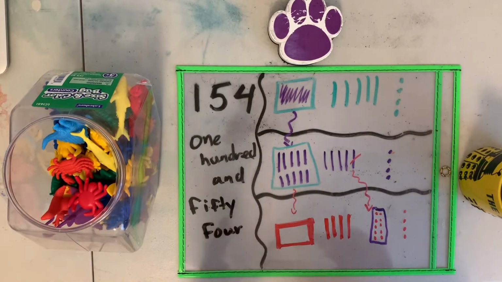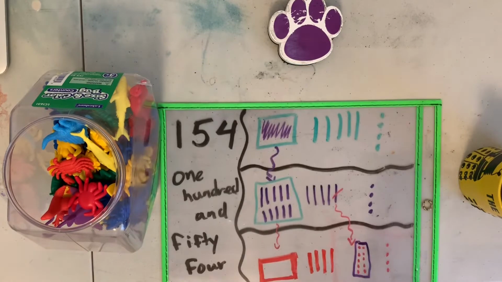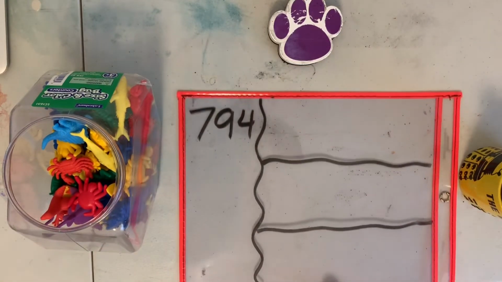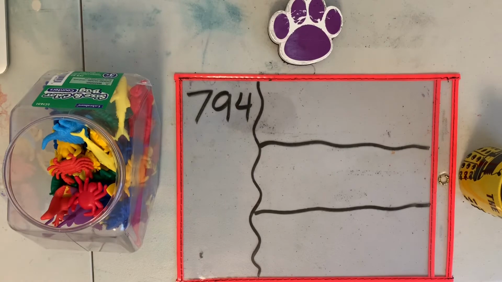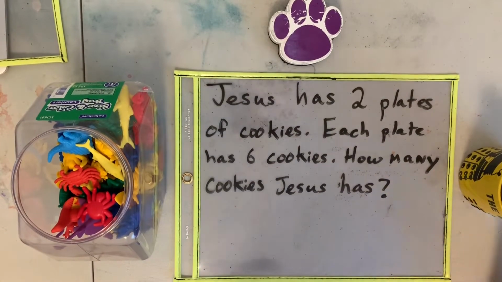Muy bien. So this is what I want you to do, but I want you to do this with a really big number that is 794. This word problem, we're going to read it and do cubes with it.